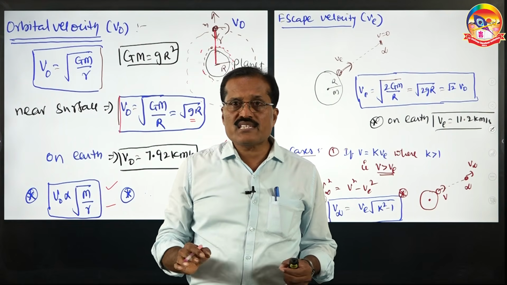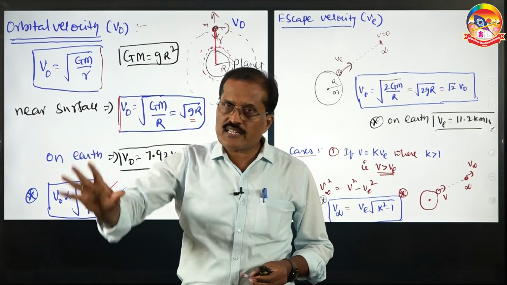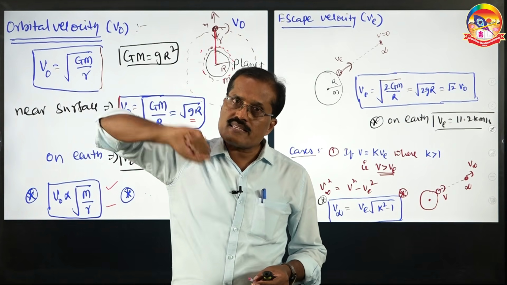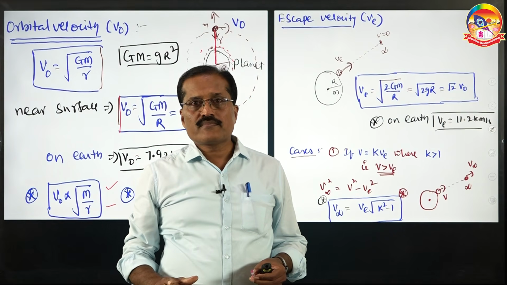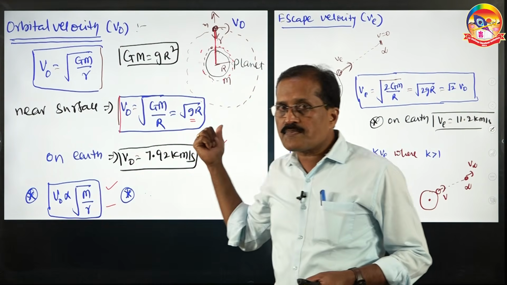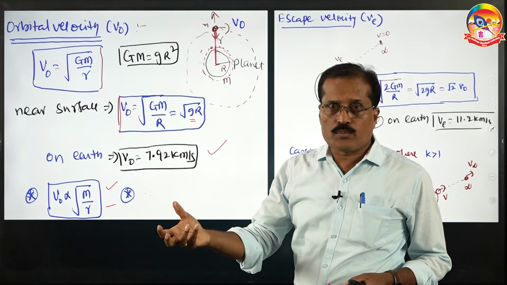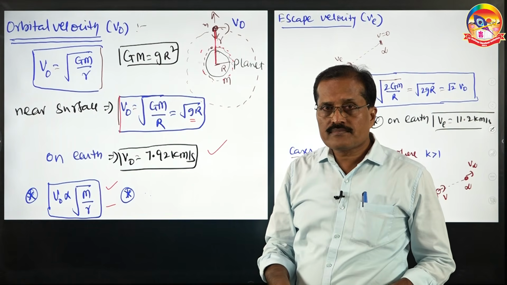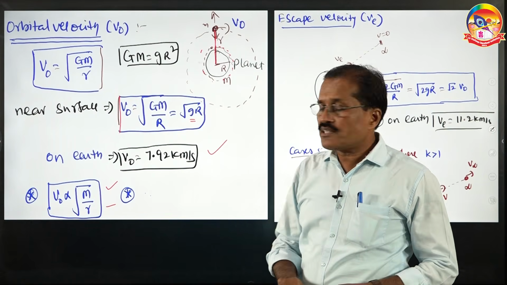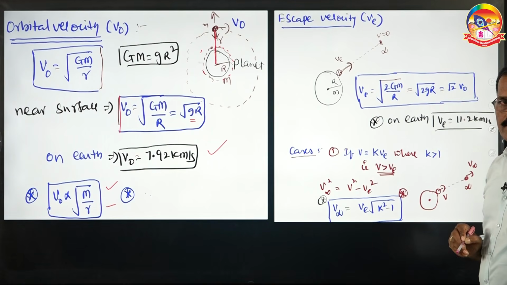It never depends upon the angle of projection, whether projected horizontally or vertically upwards or at a certain angle, no matter. Does it depend upon the mass of the object? No. It is independent of the mass of the object, and depends upon the mass of the planet and the radius of the planet. Escape velocity is equal to the square root of 2GM by r.